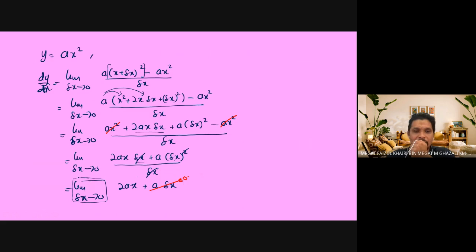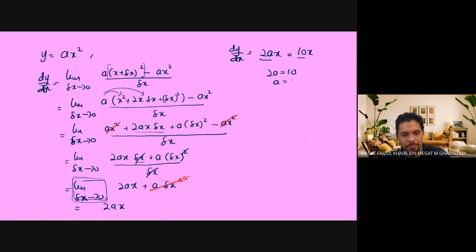Because we already used this instruction here. So then finally it is 2ax. So dy dx equal to 2ax and compare with 10x. So then 2a equal to 10, so a equal to 5.